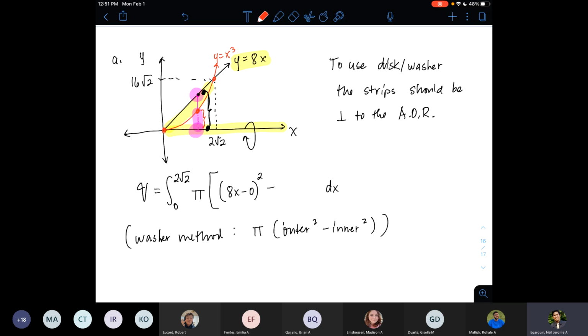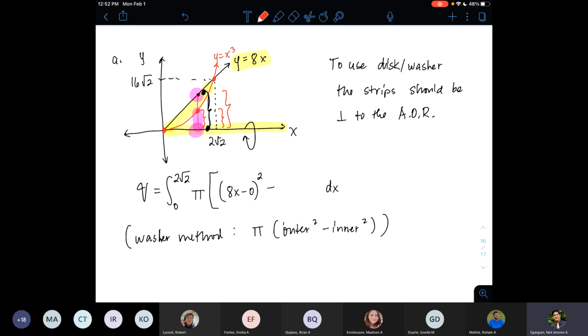So remember, I drew a vertical strip earlier. I noticed that part of it, which is exactly this guy, lies outside of the shaded region, and that corresponds to the inner radius. Basically, the idea is to compute the volume as if there was no hollow, and then subtract from it the volume of the hollow. That's why you had the formula outer radius squared minus inner radius squared.